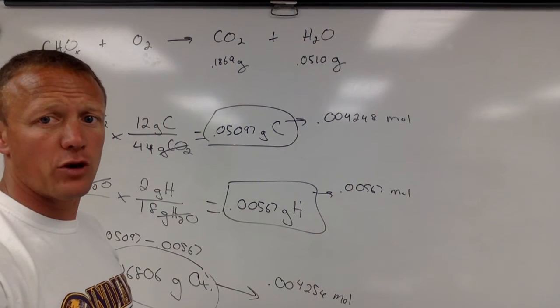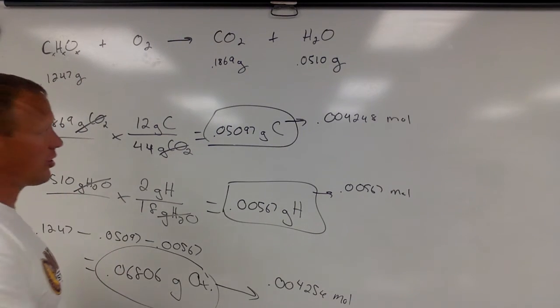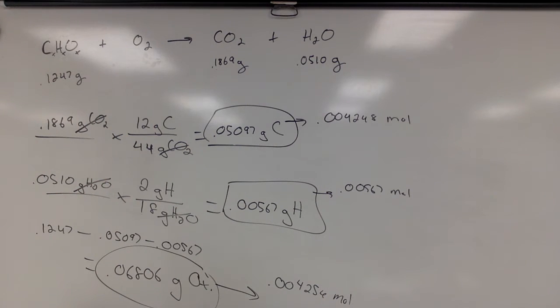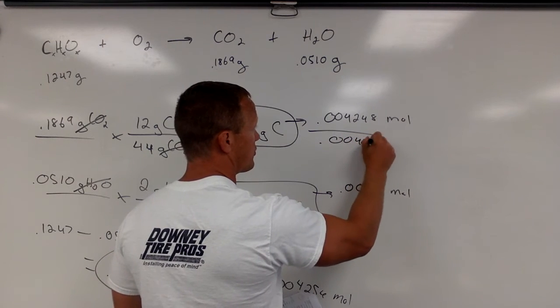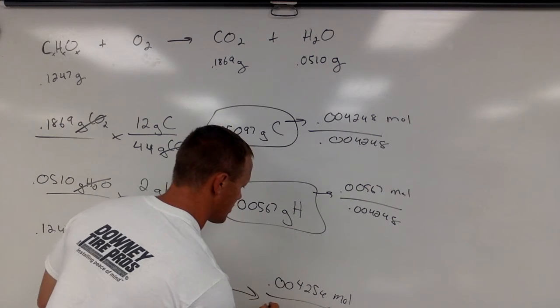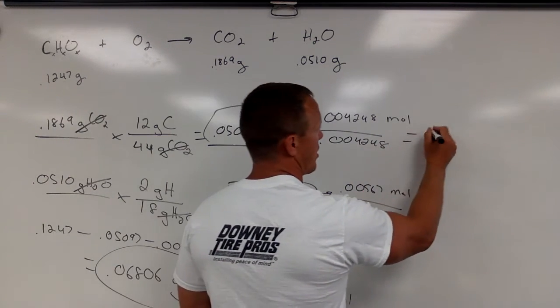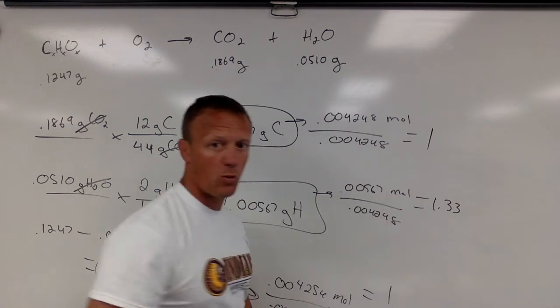So now we can get our ratio of our moles. Remember, divide by the smallest one. You can kind of tell these are pretty much the same thing, so they're going to be in a 1-to-1 ratio. So if I divide all these by the smallest one, essentially 0.004248, I get approximately a 1, a 1.33, and a 1.